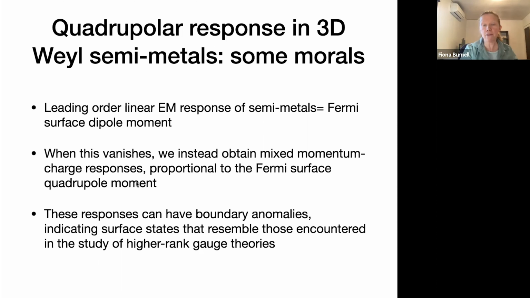And when that dipole moment vanishes, generically what you obtain are not your standard electromagnetic responses, but rather mixed responses, where you have an electromagnetic response that cares about what's going on in terms of lattice defects and so on, okay? And the next leading order term that describes that response is the quadrupole moment of this Fermi surface. And the interesting thing that we've talked about in three dimensions is that these quadrupolar bulk responses can have boundary anomalies, indicating that you have these interesting surface states, right? And in this case, those closely resembled those that we encountered in the context of higher rank gauge theories.